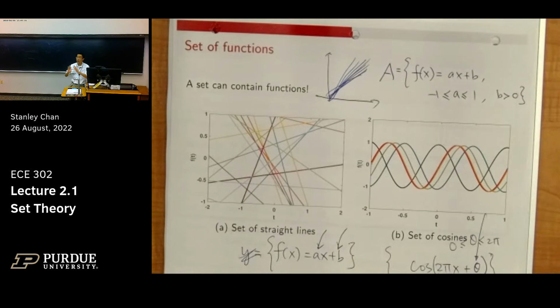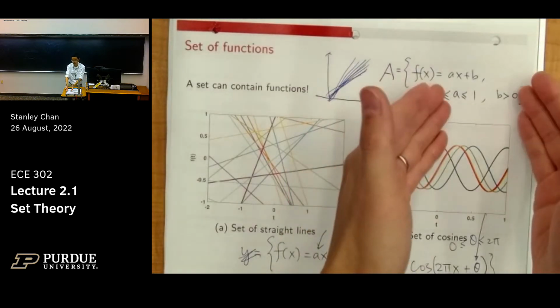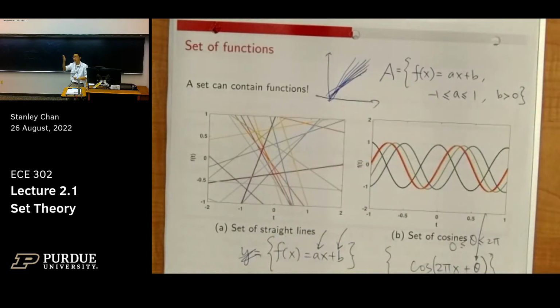If you do not tell me these parameters, I will just assume that they live on the real line from minus infinity to infinity. But if you tell me, then I need to follow this definition. Will the bounds of a and b be considered part of the set A? Correct, they are part of the set A.